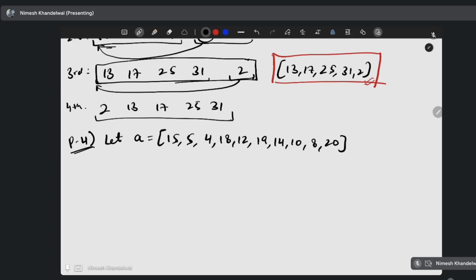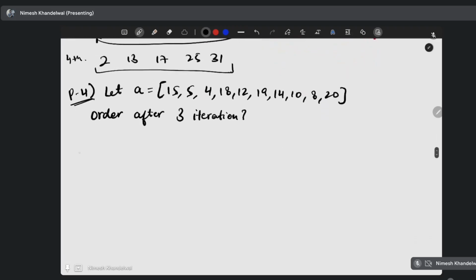So again, order after 3 iterations. Okay, so we have to report what will be the order of the elements in this array A after 3 iterations, right?